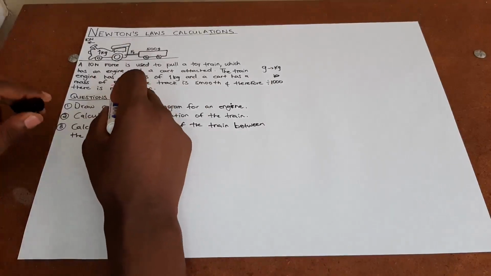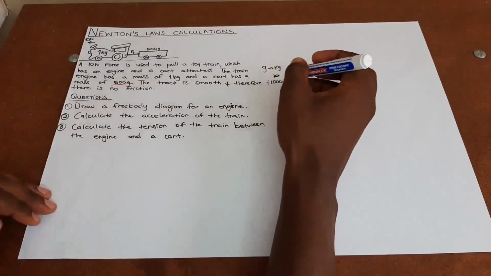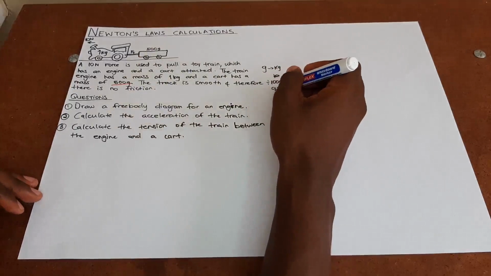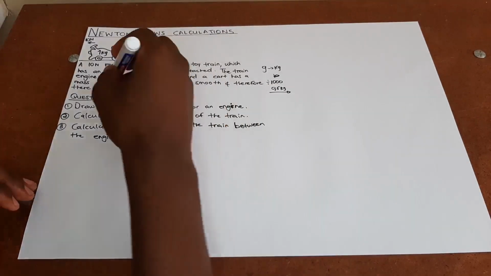So 500 divided by 1000 is equal to 0.5. So your mass is 0.5 kg. Please don't forget that.